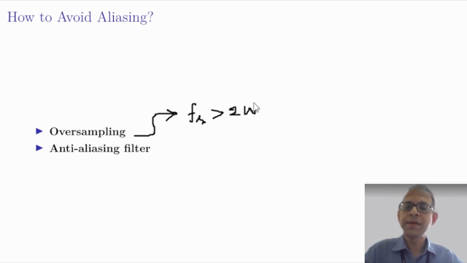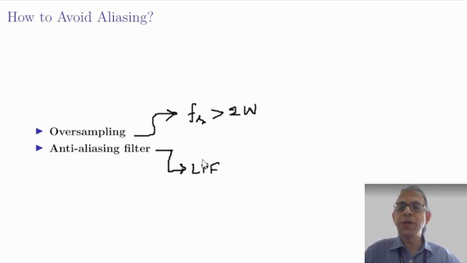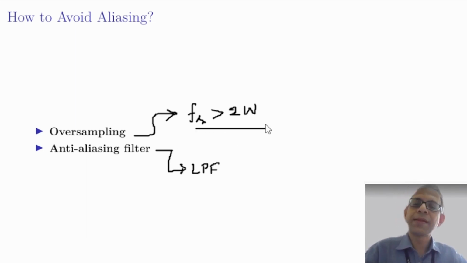And second, use an anti-aliasing filter. Anti-aliasing filters are actually low pass filters which will remove some undesired high frequency components from the signal before we do sampling.